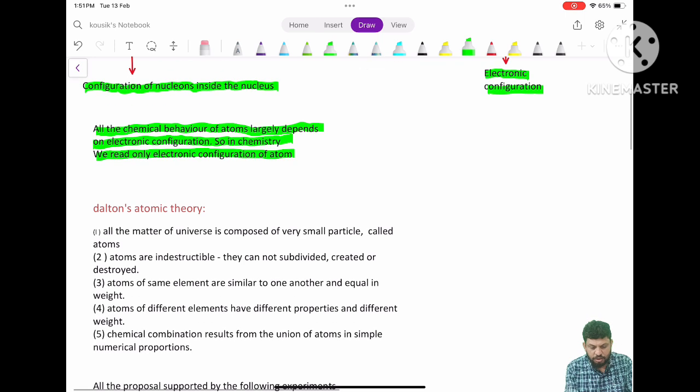All the matter of the universe is composed of very small particles called atoms. All the matter, whatever we see, is ultimately produced by a collection of atoms, and it may be different types of atoms.